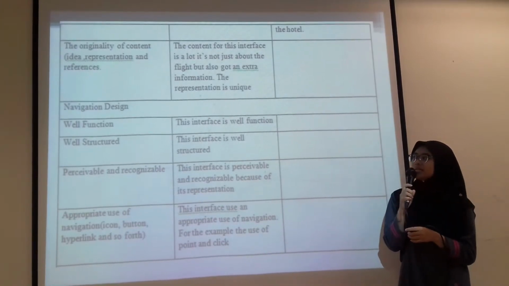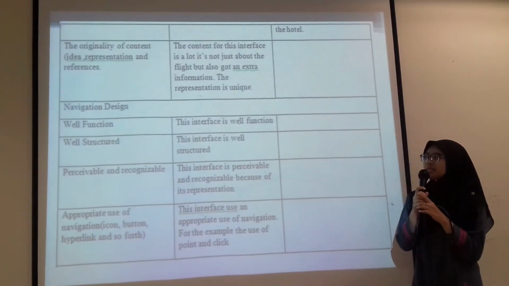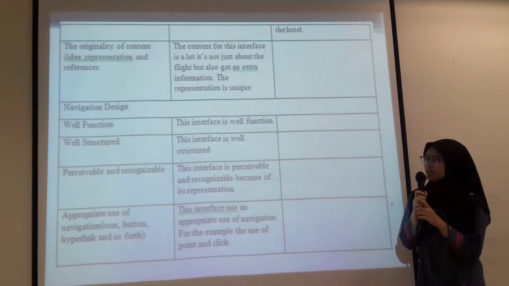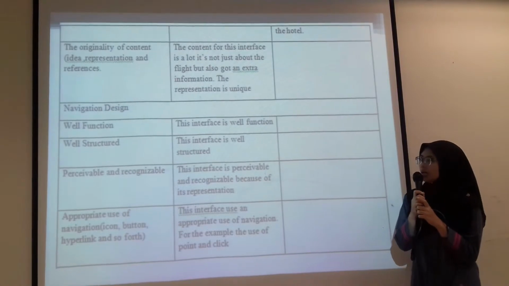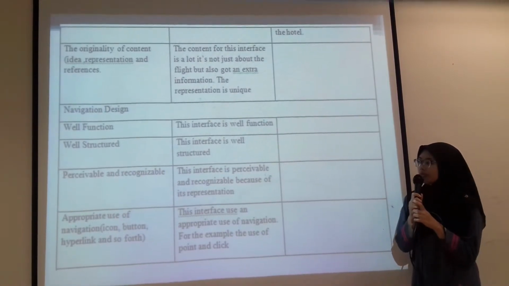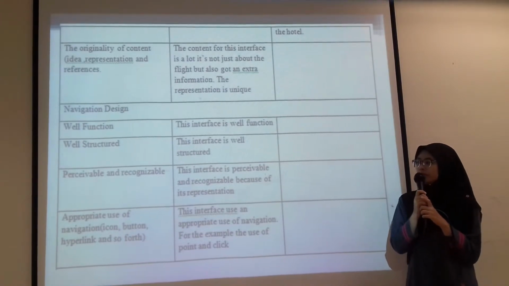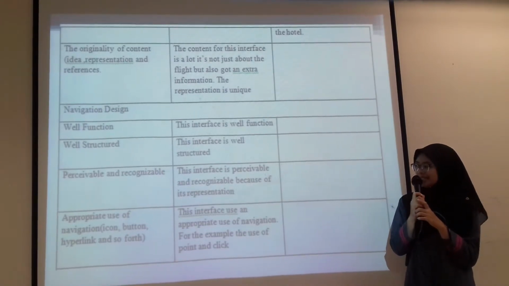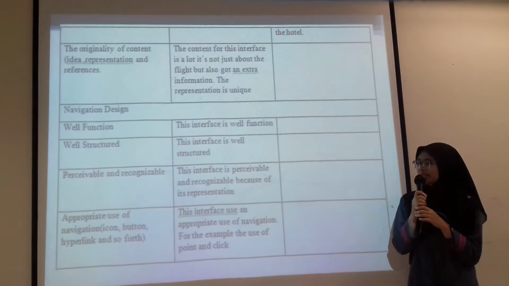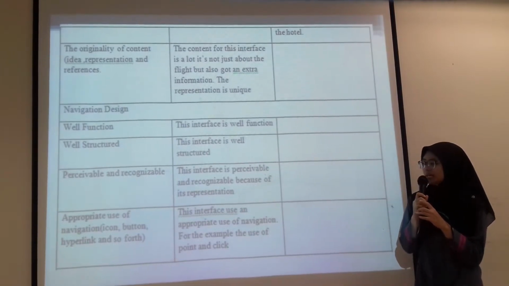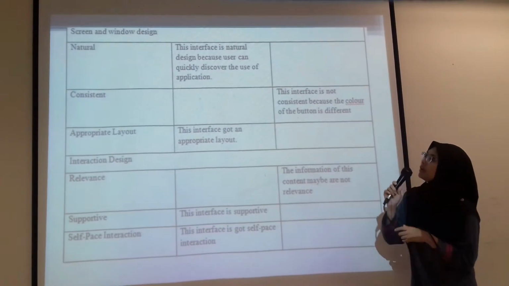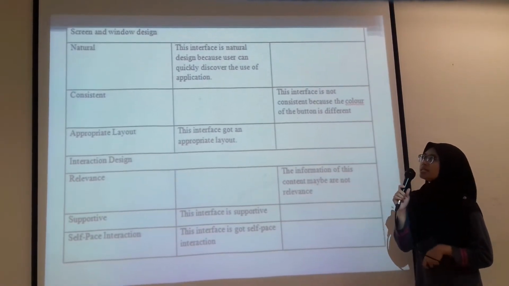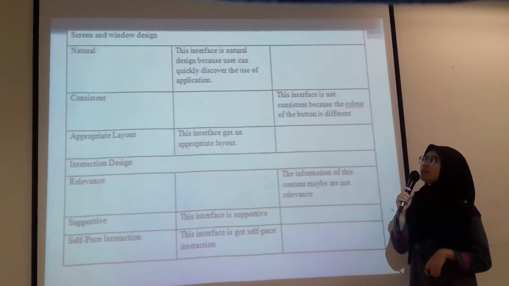After that, the navigation design is well functioned, well structured, and perceivable and recognizable because of its representation. After that, it is an appropriate use of navigation because this interface uses point and click navigation. Next.